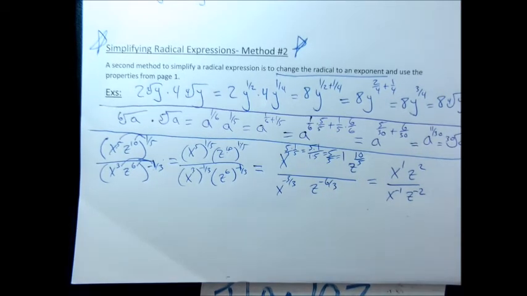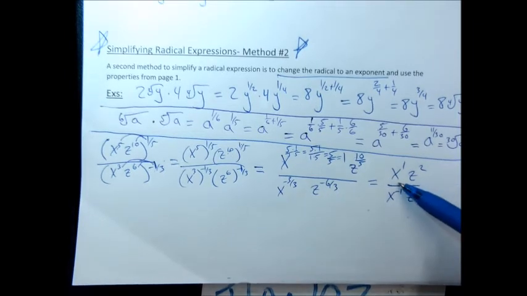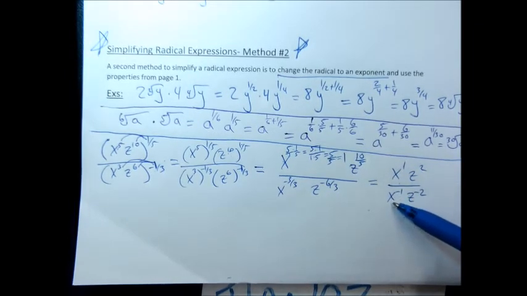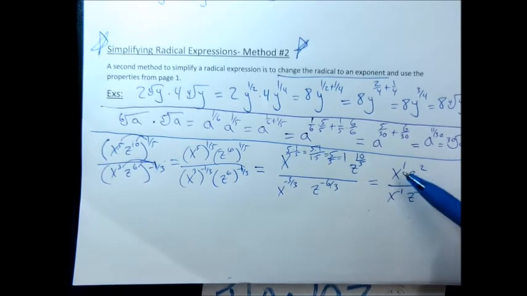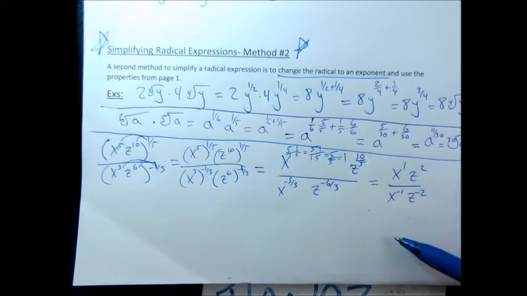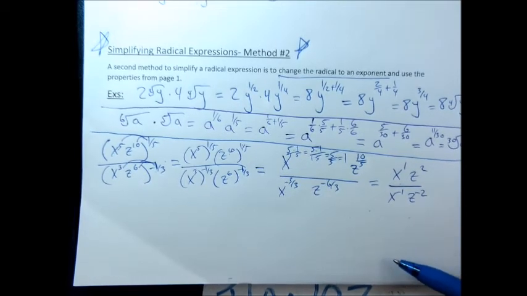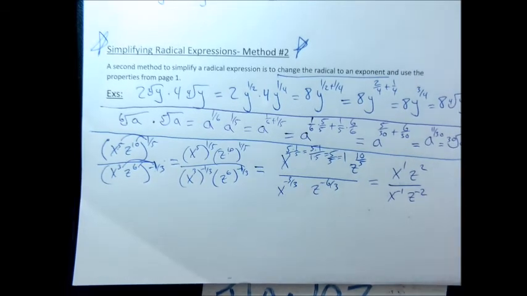At this point, I usually like to say you have two options. You have x on the top and x on the bottom, and z on the top and z on the bottom. You can either subtract the powers, which is what I think is the best thing to do. But maybe you want to get rid of the negative exponents at this point. You just want to defy me and not wait. That's okay.